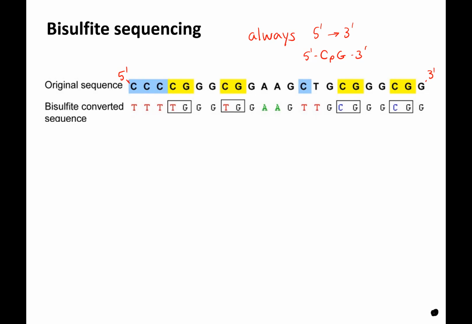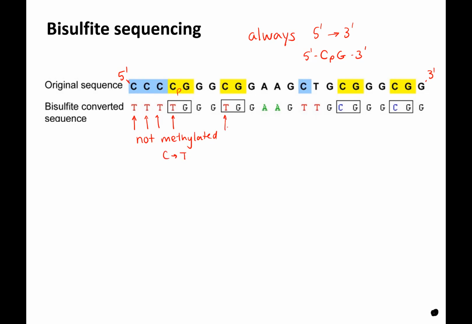So you can see here that this cytosine and this cytosine and this cytosine and this cytosine, even though it's a CpG cytosine, they were not methylated because in the bisulfite converted sequence they became Ts.